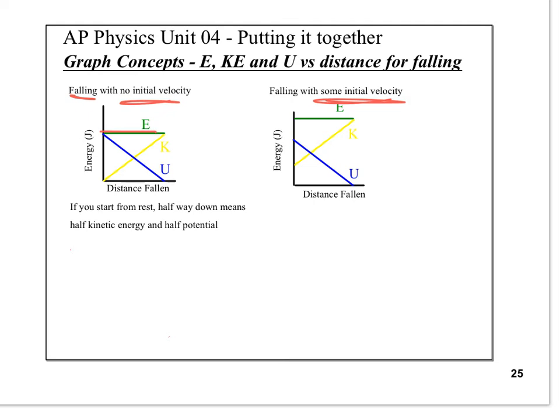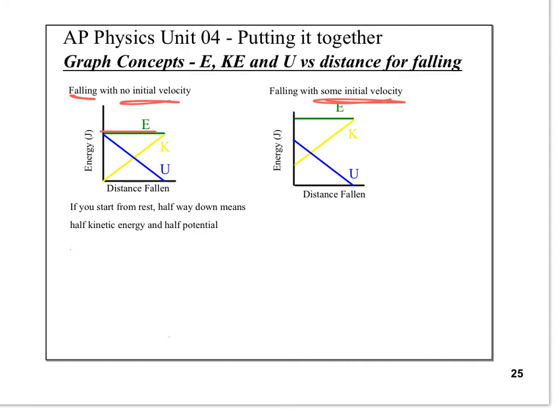So as we fall different distances, we lose that potential energy. And at the same time, we end up gaining kinetic energy. Whenever we lose potential energy, we gain kinetic energy. It's a trade-off. That's where we're conserving that total energy. We're keeping the same line by getting rid of some of the potential energy in exchange for some kinetic energy.